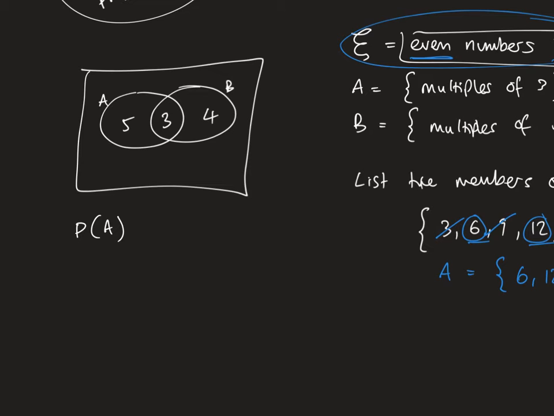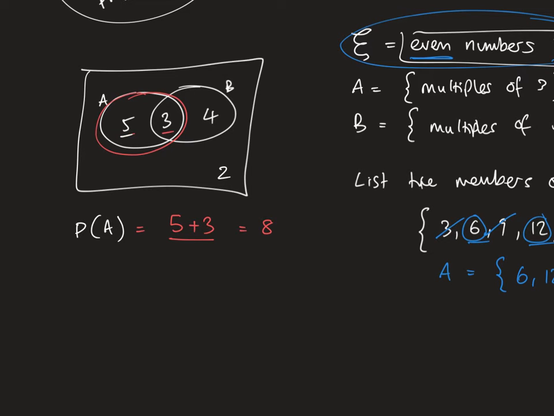In this case, everything that is in A is the 5 plus the 3, which we know will give us 8, but because it's a probability, it is out of the total. Now imagine there were 2 outside here that weren't in either A or B.